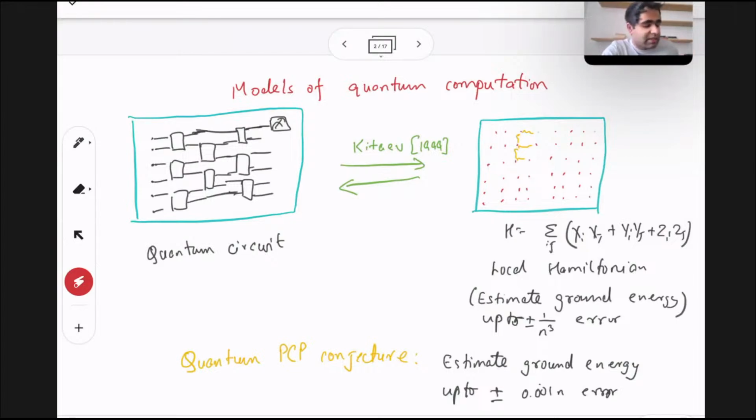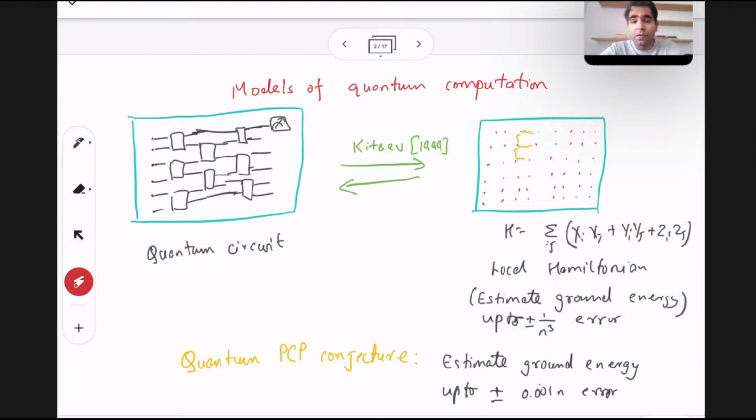You imagine there's a collection of qubits arranged on a lattice, and you define a collection of interactions between them. So this qubit is interacting with this qubit in a certain manner, and so on. That defines a local Hamiltonian. For instance, many people would be familiar with the Heisenberg model of Hamiltonian.